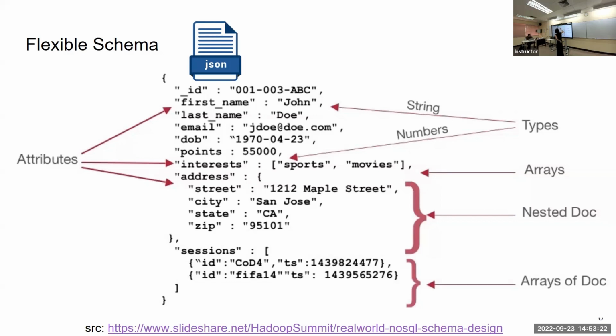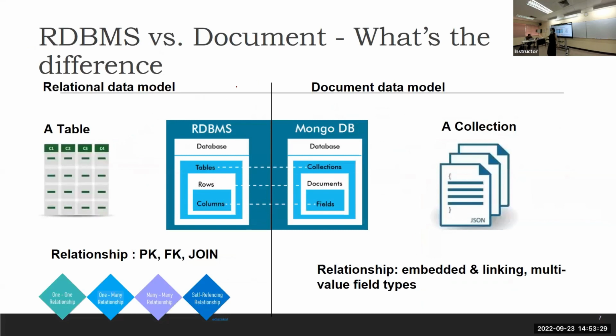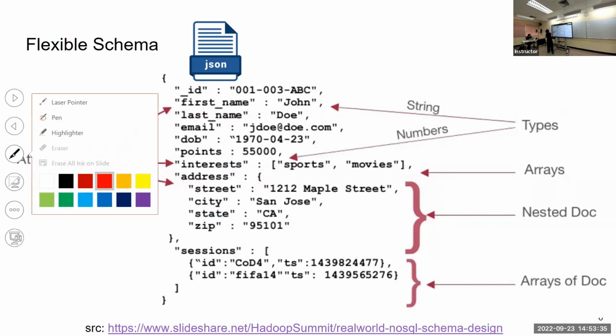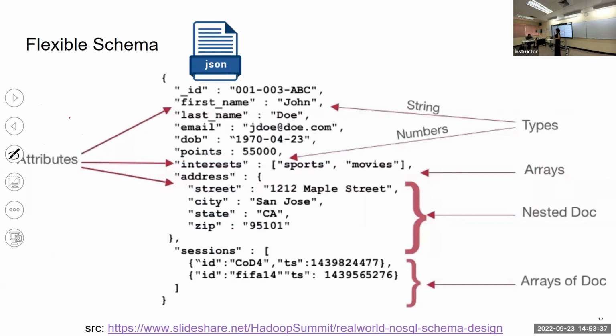And with JSON, we can either use a simple attribute and value structure, right? This is a simple structure with just attribute and value.